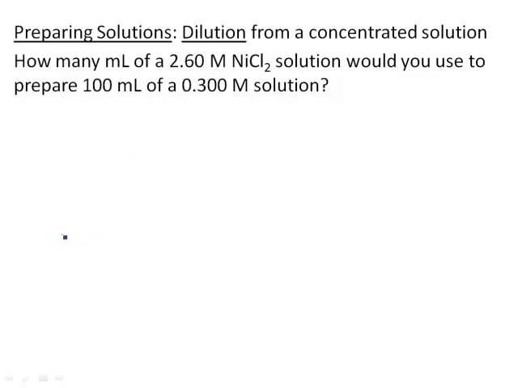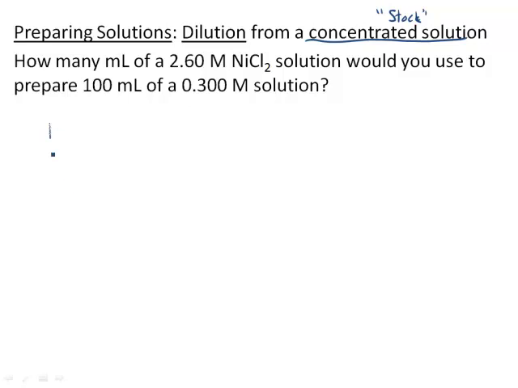And here what you have is you have a concentrated solution in your lab, which is often called a stock solution. So you have a concentrated stock solution, and you're going to dilute it to get a more dilute solution and more of it.